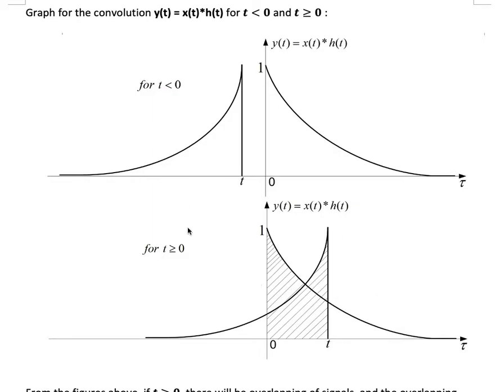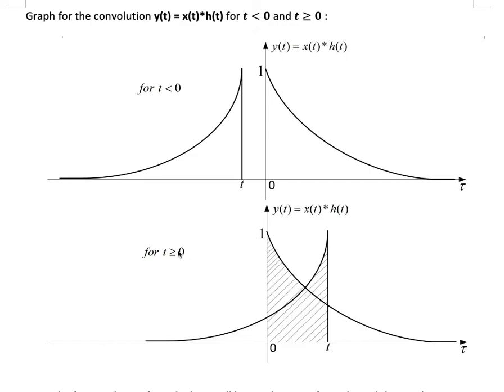So when time is positive, more than 0, there is an overlap. Now, overlapping can be considered like the crossing between these two signals. It's kind of like superimposing each other when both signals are occurring at the same time, but superimposing refers to superposition, which is a topic slightly different than what we need right now. Something very important to consider is that when time is less than 0, there is no overlapping.